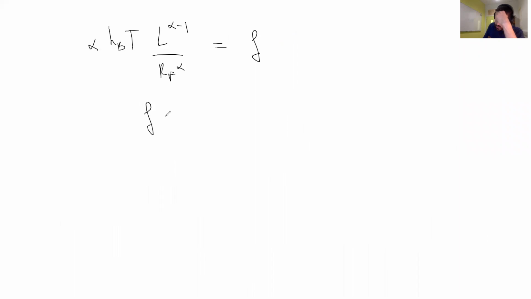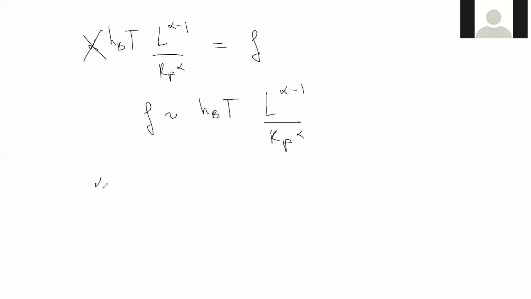Okay, so in scaling, I forget the alpha here. It's a scaling discussion. I end up with a force relation. What should be the value of alpha? It should be 5/2. Correct. Indeed.